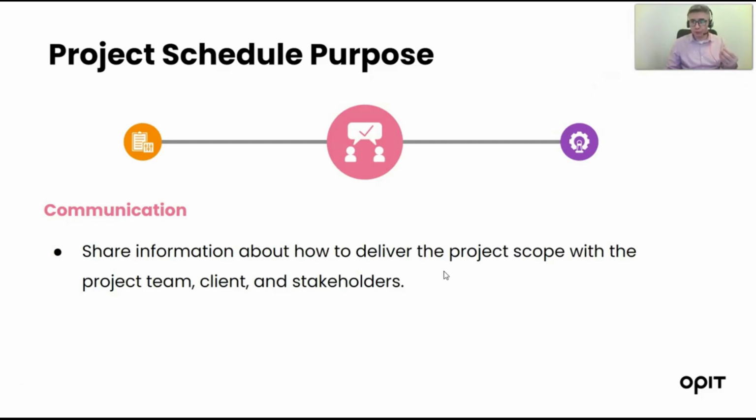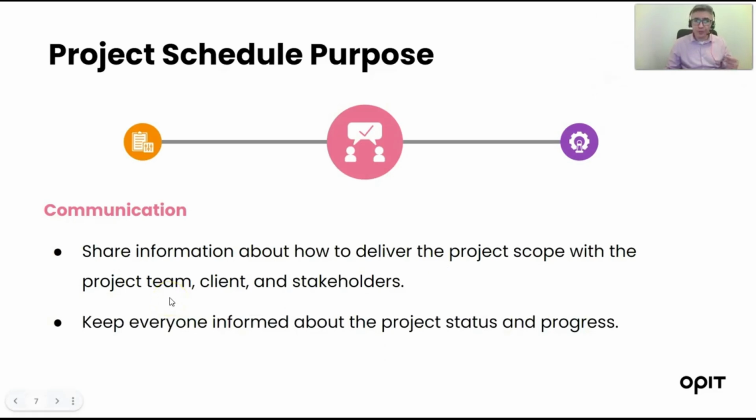This is the proper tool to keep our stakeholders, the project team, and our client informed about our plan. So schedule is a tool to keep everyone informed about the project status and progress. As soon as we are updating the schedule regularly, it's also a tool to inform everybody about how we're progressing towards our plan.